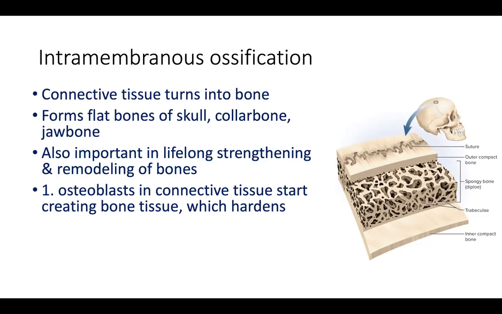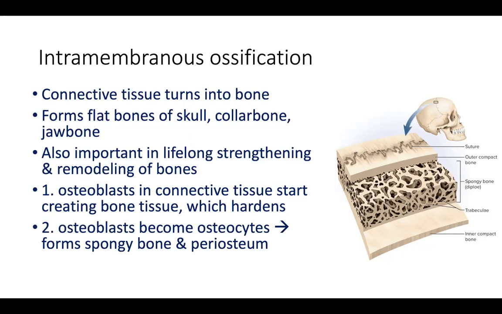So if you imagine your skull, there's connective tissue there. Before there's bone, osteoblasts develop there and then start to create that bone tissue. So before it's not bone tissue, osteoblasts secrete the matrix, which then calcifies and hardens. That becomes bone. So that's the first and main step in this process.